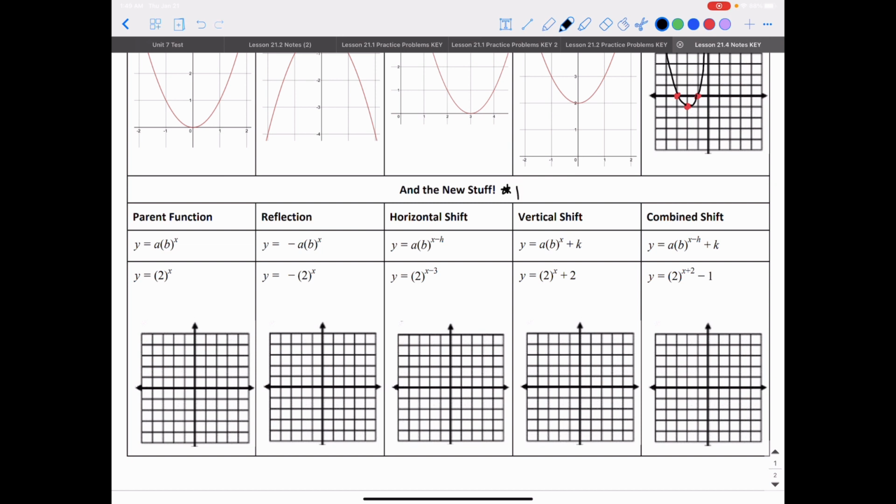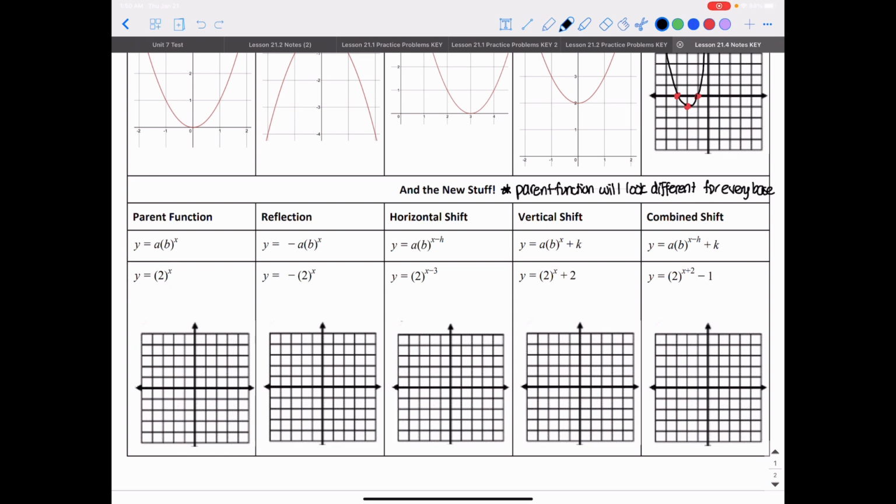So something that's really important: the parent function will look different for every base. And what the parent function will look like is something like y is equal to 2 to the x power.